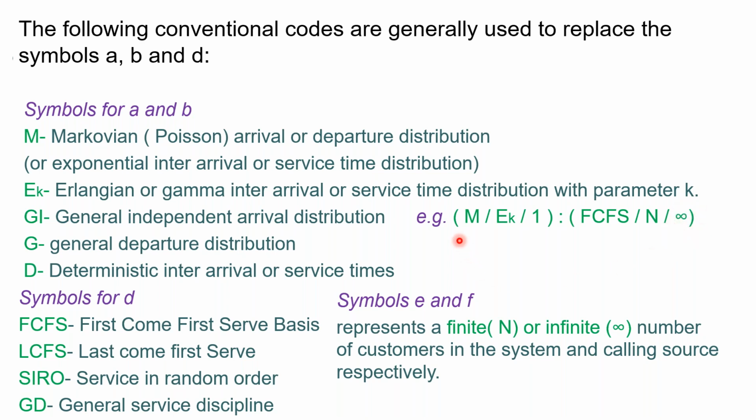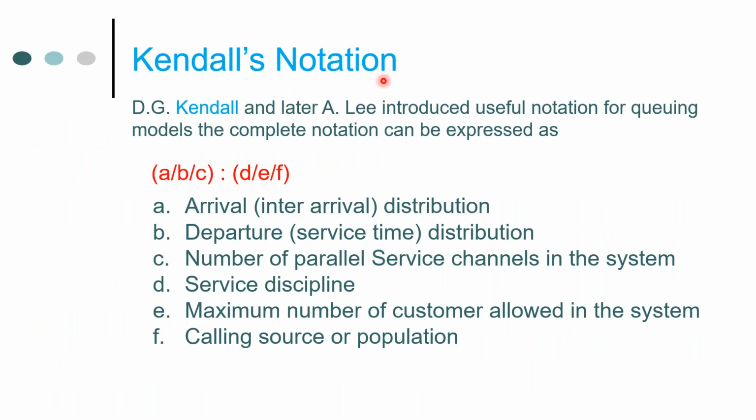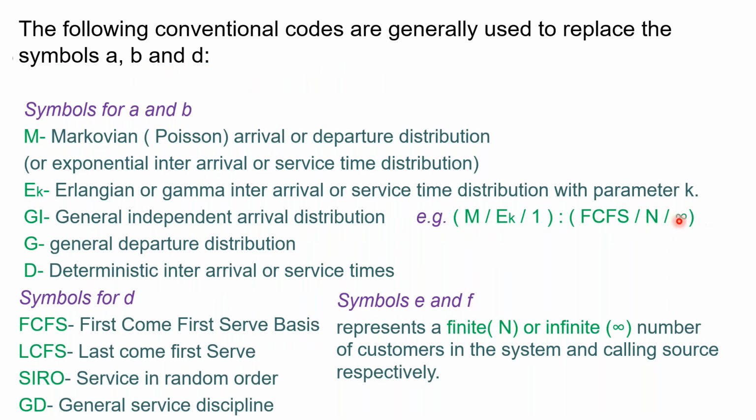So in this way a particular model is represented by Kendall's notation. In the next lecture we'll see how a single channel model can be solved, or what is the method to solve a single channel queuing model.